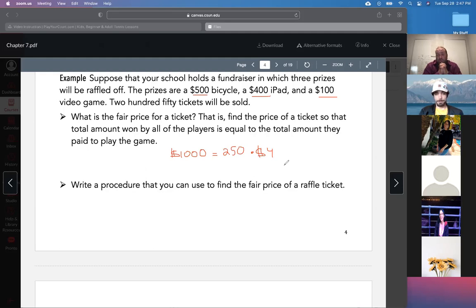Now, if you were running this raffle, how much would you charge per ticket? This is for a fundraiser, right? So more than $4. It's got to be more than $4, but it can't be too much. Like if you charge $1,000 per ticket, no one's going to buy it, right?